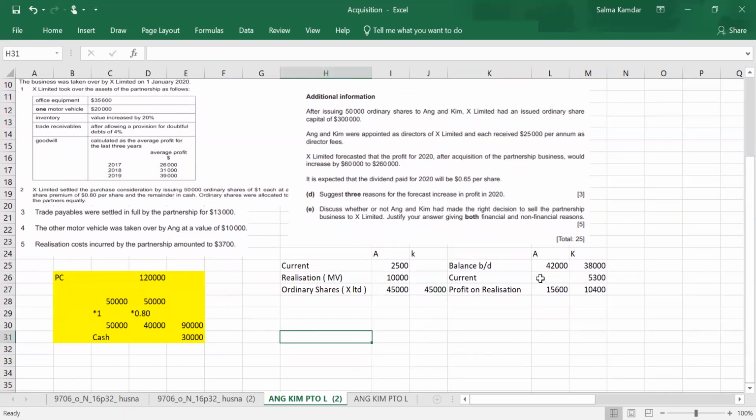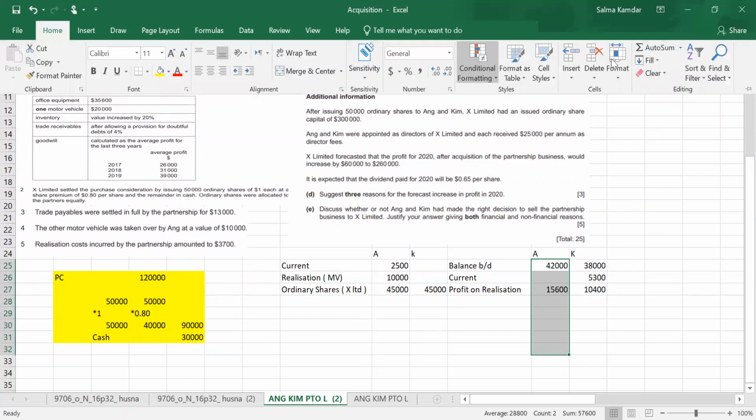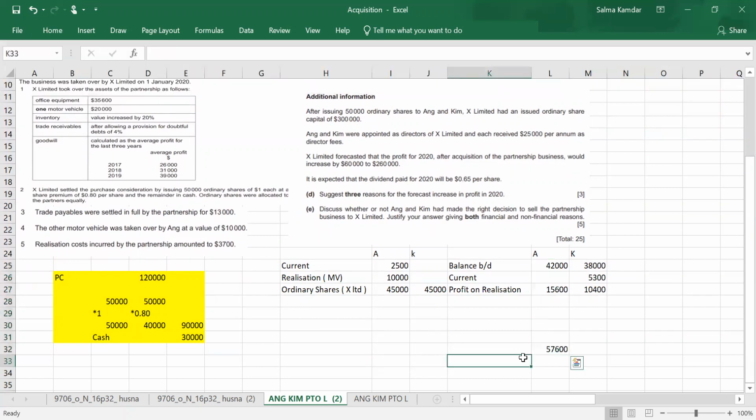Now everything else has to be discharged through bank account. The total of the credit side is 57,600 and the total of the debit side is 57,500. So 100 would be through bank account. This would be a balancing figure. Now let's see over here.